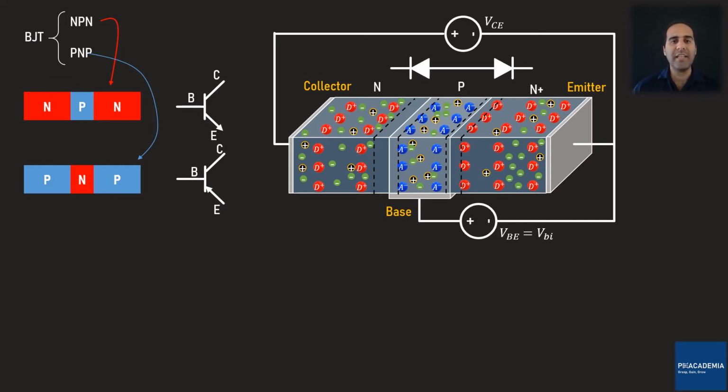Let's imagine N electrons are diffused into the base. Since the base region is so thin, once the electrons arrive at the base region, there is a high chance the electrons are affected by the electrical field of the depletion region between the collector and base.